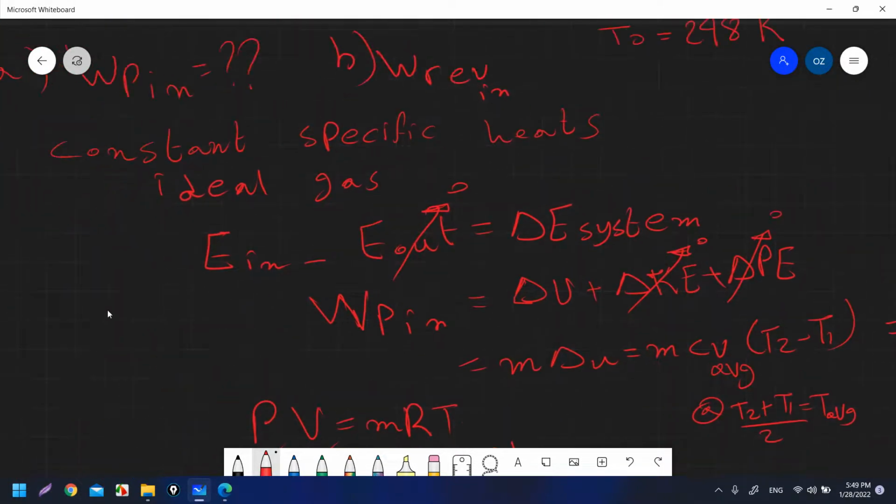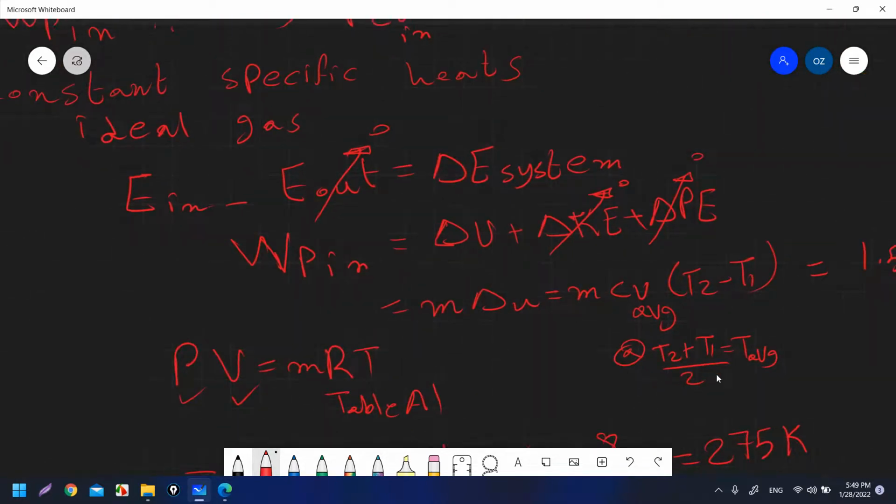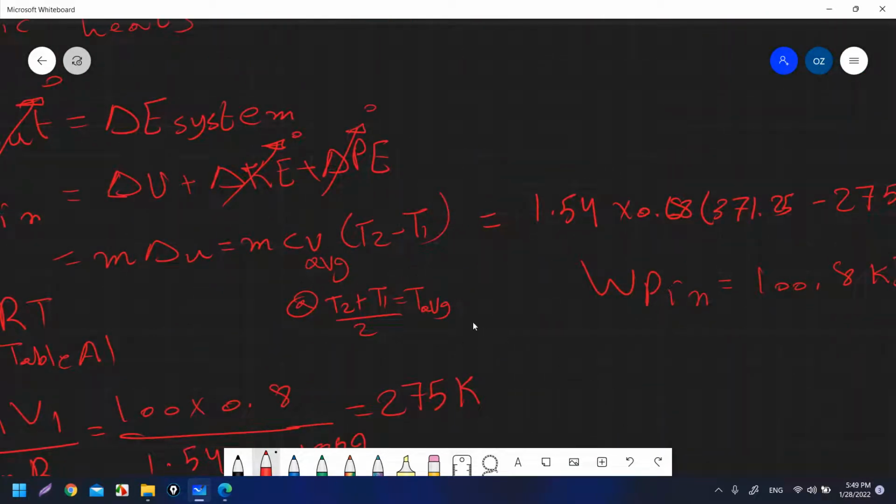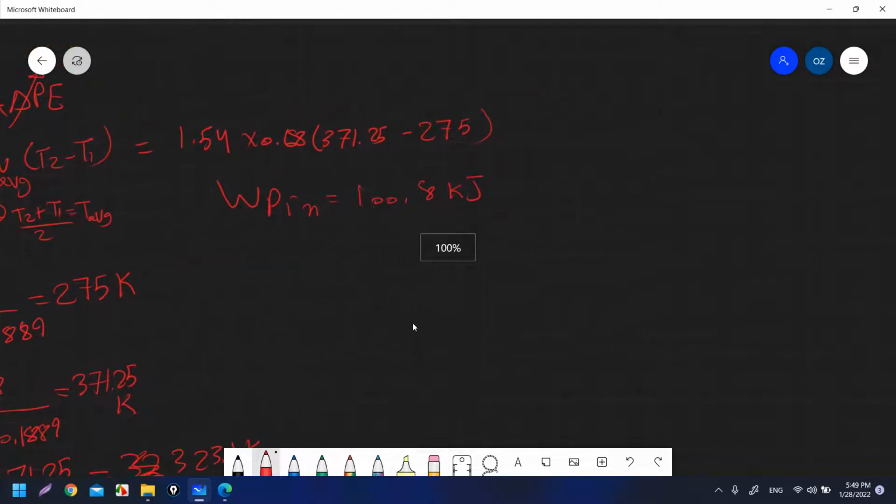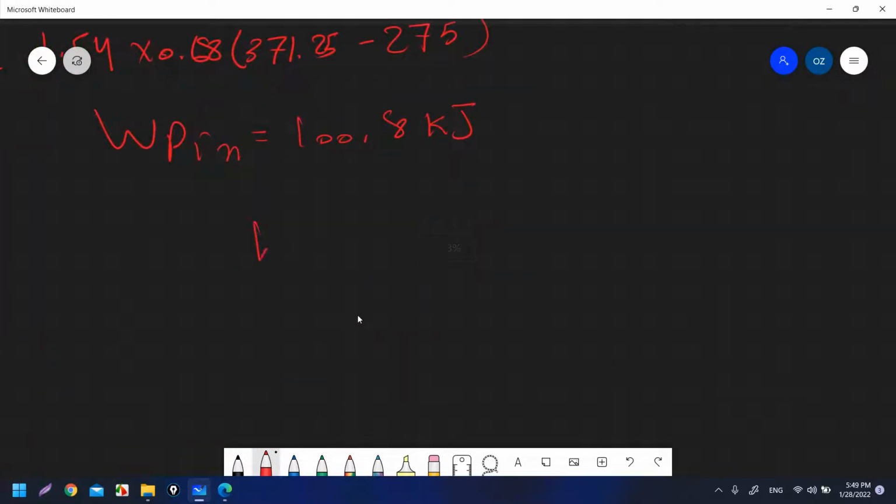The next part, he wanted to find the reversible work in, the minimum work in. Okay, so for part B, for the reversible work, we will do the exergy balance as usual: X in minus X out. We don't have X out, we said it is work in, so it is 0.